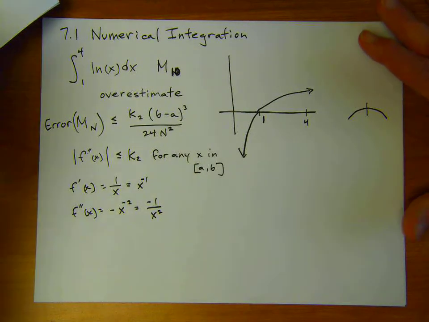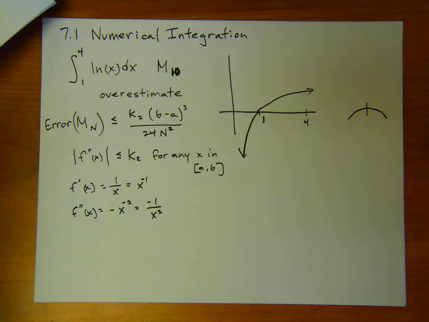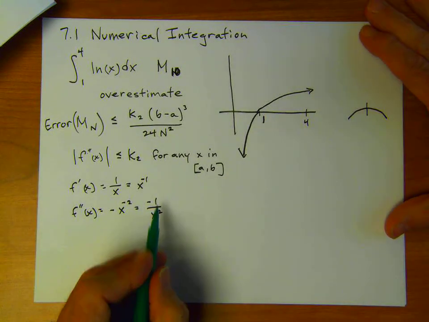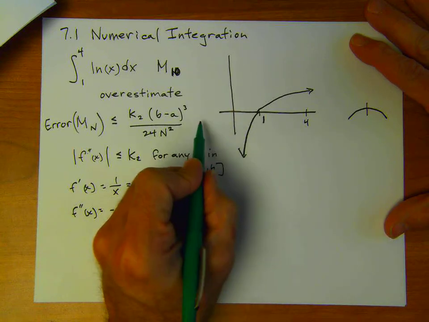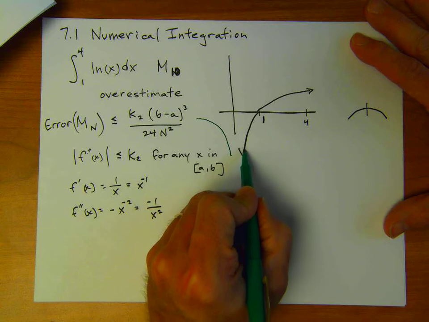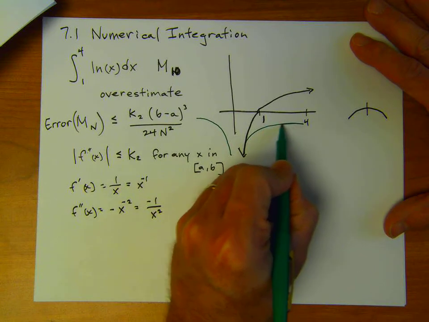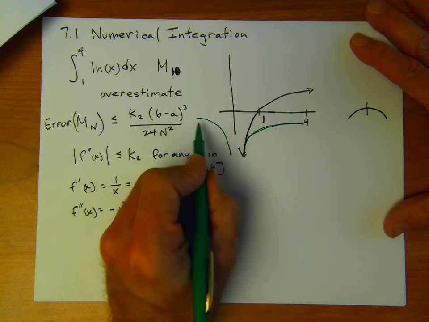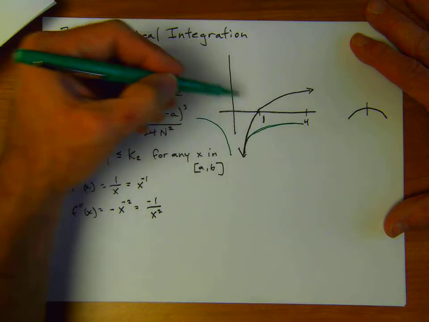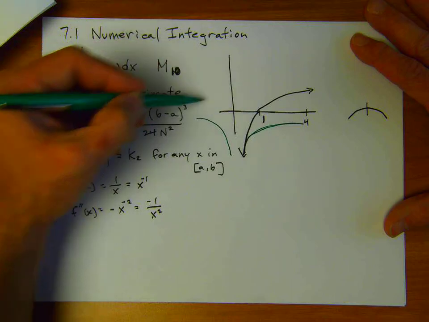Now, if I take another pen here, negative 1 over x squared is going to come in like this and like this. It's symmetric around the y-axis.